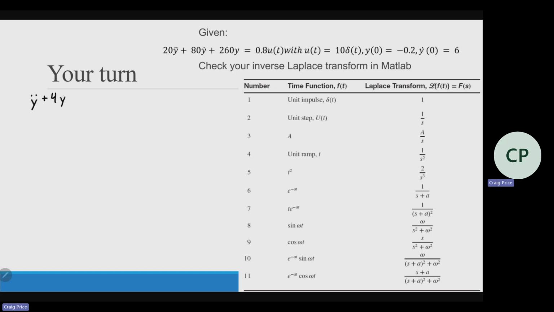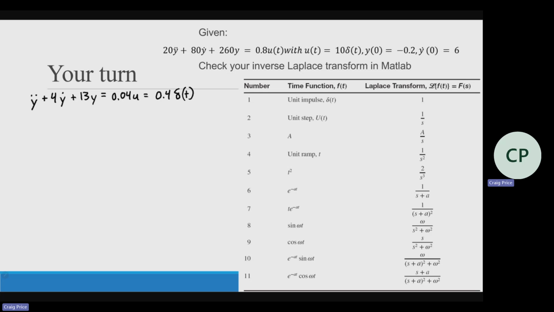So divide everything by 20. So this is standard form.